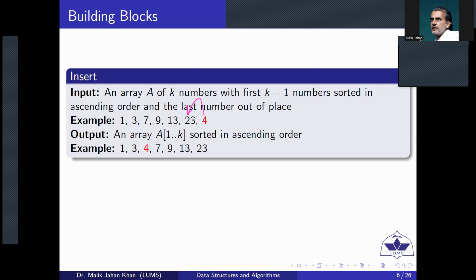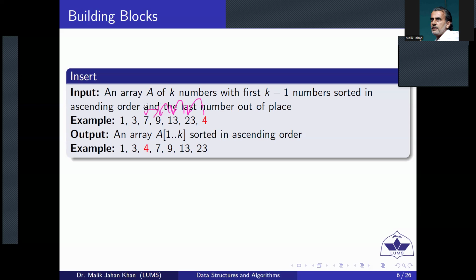So in the best case, we might end up with something which is big O 1. But as 4 is given over here, 4 is not greater than 23. What we need to do is shift 23 in place of 4, and 4 will go in place of 23. Then 4 will get compared with 13, and then we'll keep on comparing it with 9.